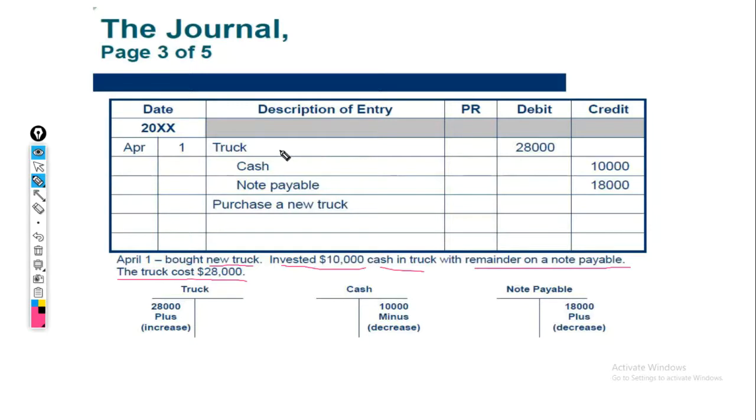So truck came in, hence truck is debited, that is 28,000, and cash went out, it's also a real account, that is 10,000 is paid, credit what goes out. And note payable is an account where rupees 18,000 is due, so liability is increased, hence it is also credited.